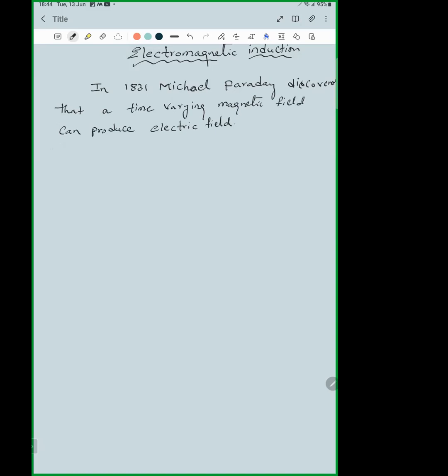So in this, first of all, we have to know about magnetic flux. What is meant by magnetic flux?